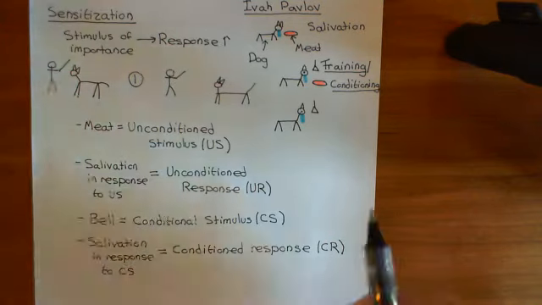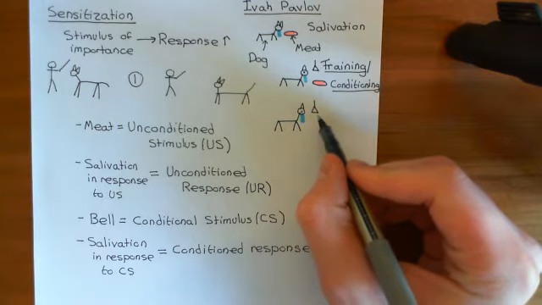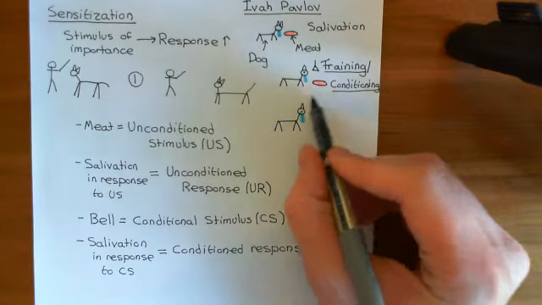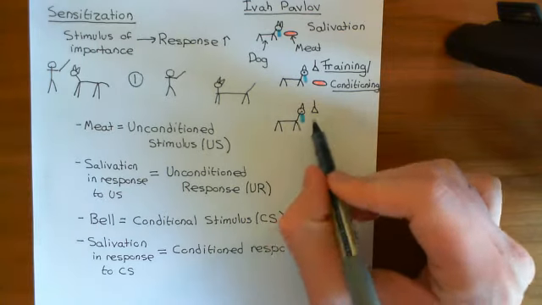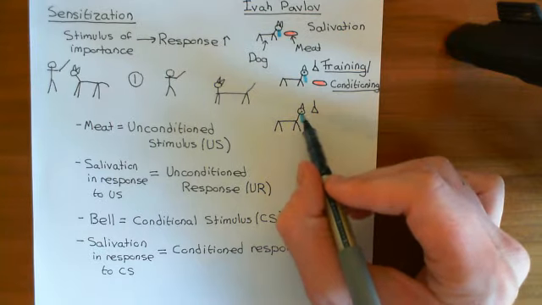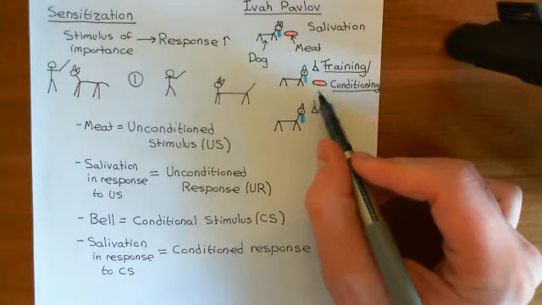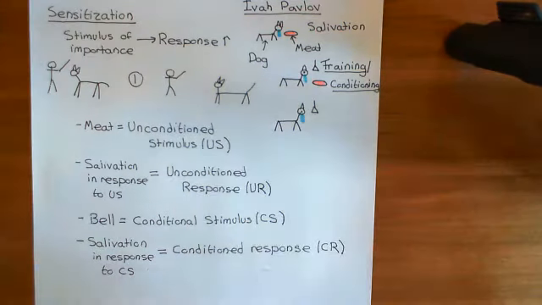The other thing to say is that if you keep delivering the conditional stimulus after the training is complete, so we've got our trained dog here, and you keep ringing the bell many, many times without giving the dog the meat as well, then the conditioning will undo itself.